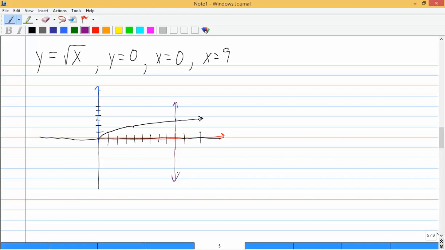All right, so the bounded region here is going to be this in here. And whenever we take an infinite number of those disks and revolve about the x-axis, we can make a reflection here.